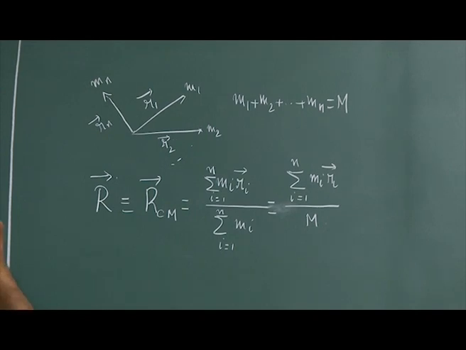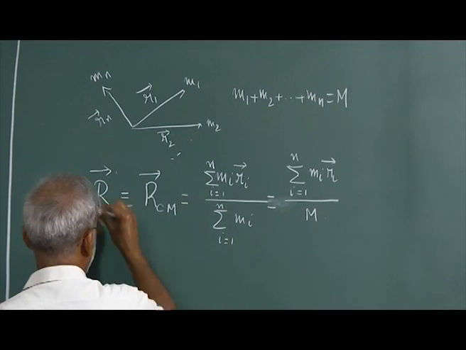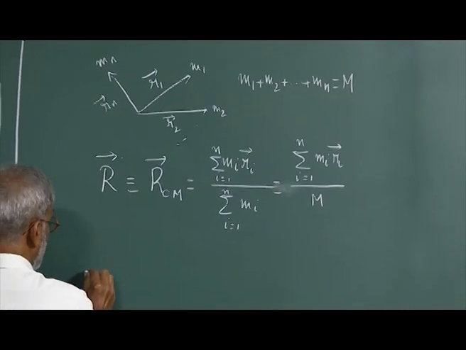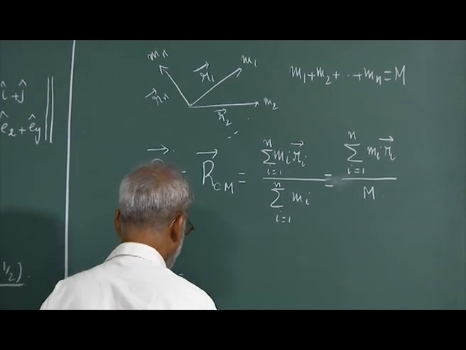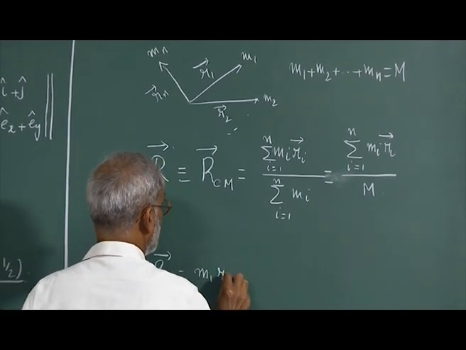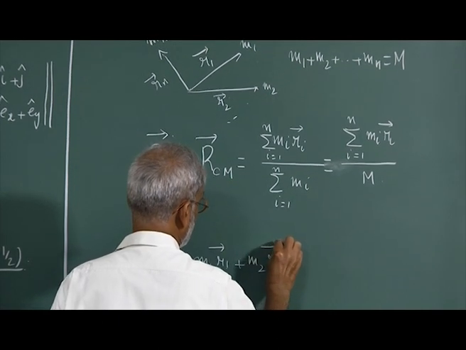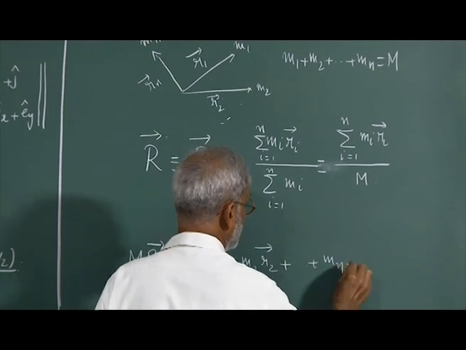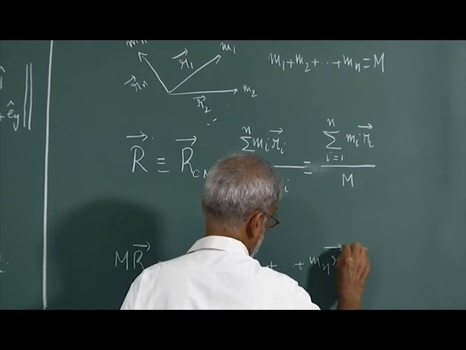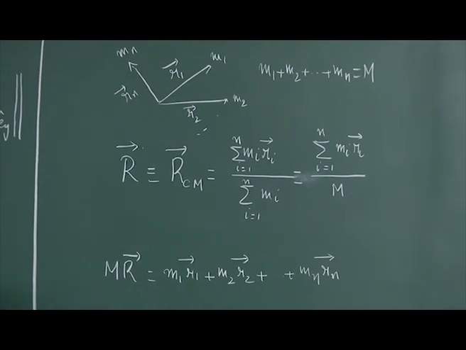So, what do we do? I can bring the M to this side, I have M times R is equal to m1 r1 plus m2 r2 vector plus mn times rn vector.